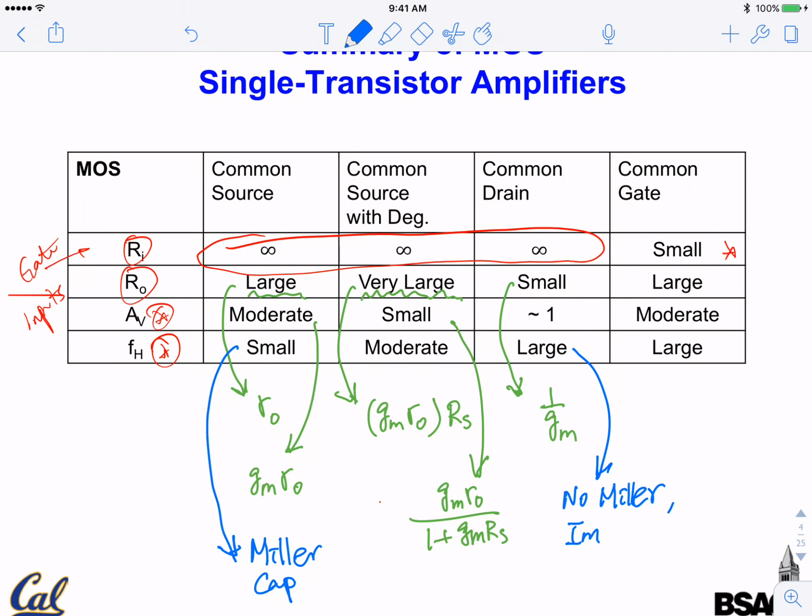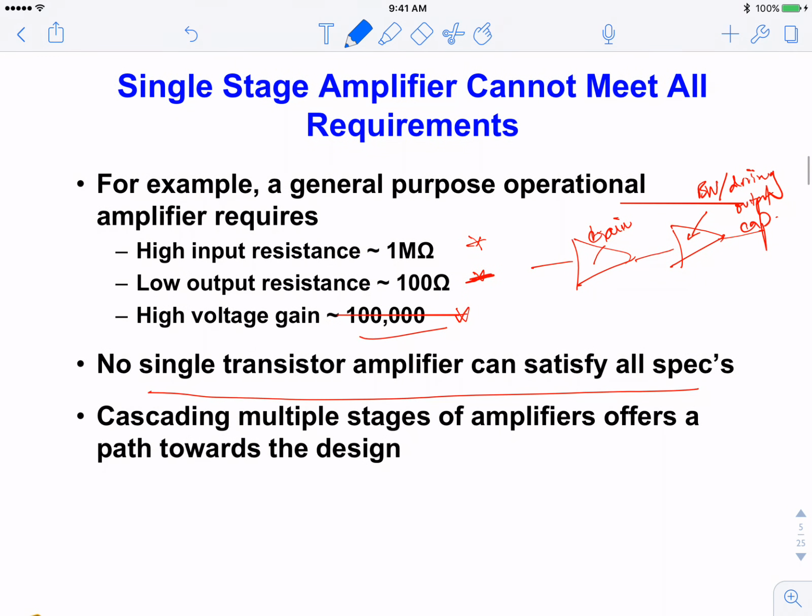Usually the high Z node, the impedance in that node associated with a big capacitor is small, so the RC time will be small. That's what we meant by large. Okay, and moderate will be something in between. Any questions? All right.